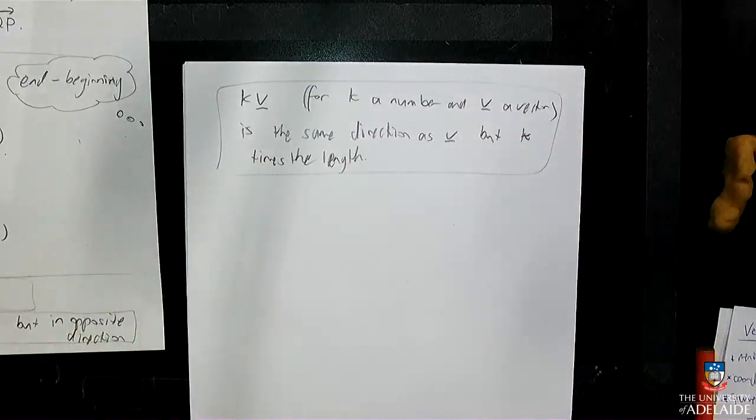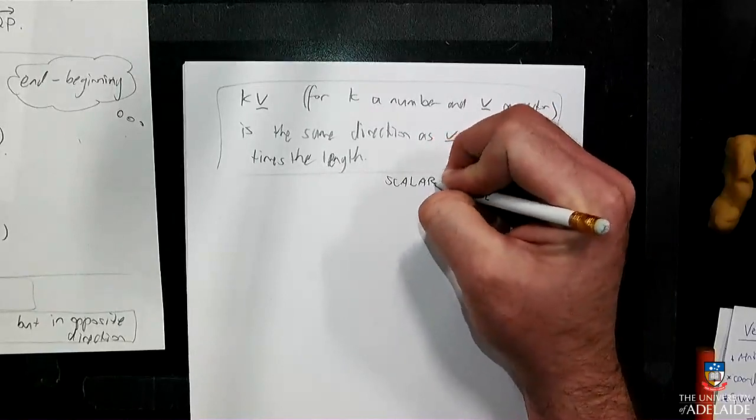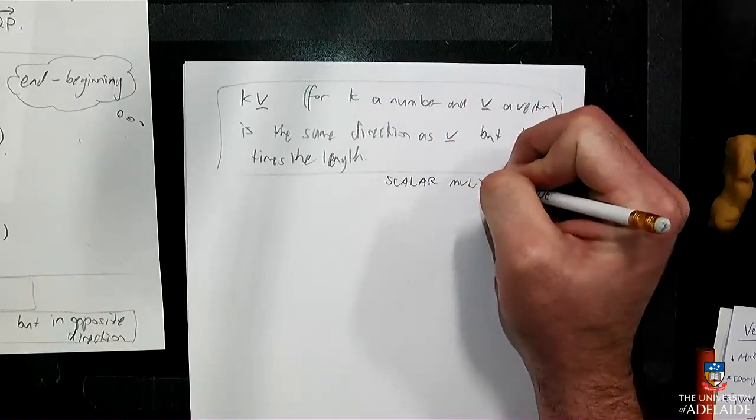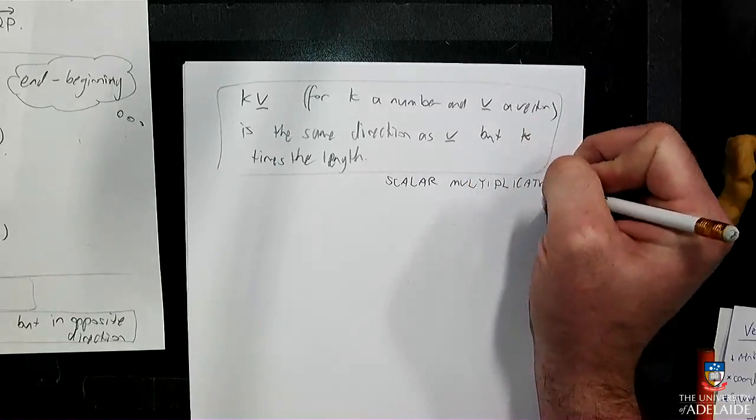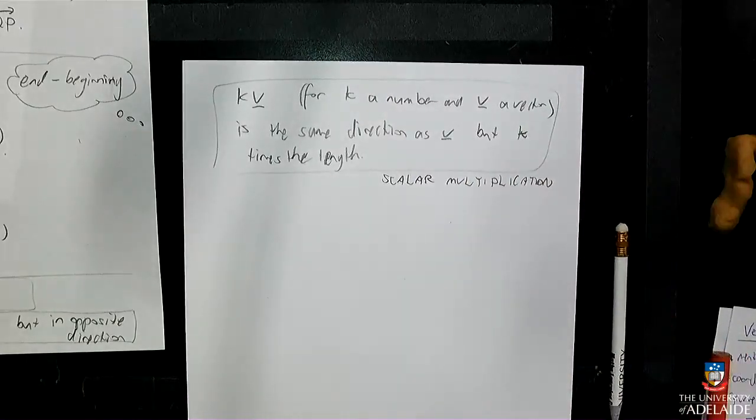Okay, this is called scalar multiplication. And the word scalar literally means thing that scales. When you scale something, you stretch it or shrink it. And so we are multiplying by a number, and that number is being thought of as a thing that scales the vector. So that's what scalar multiplication is.